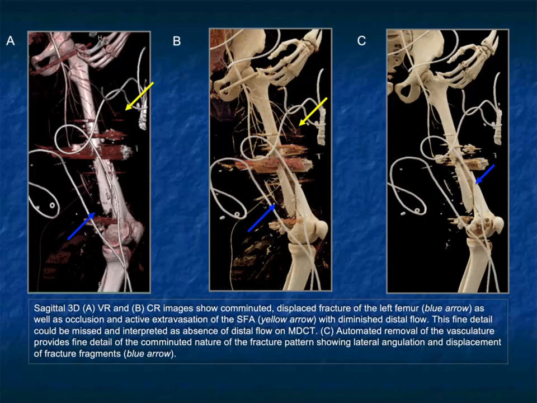Here you can see classic volume rendering on the left, and then two cinematic renderings showing you the spiral fracture, showing you the vascular injury. And again, the automated removal of the vasculature provides the ability to get a really good look at the patient's bone and the angulation of the fracture fragment.